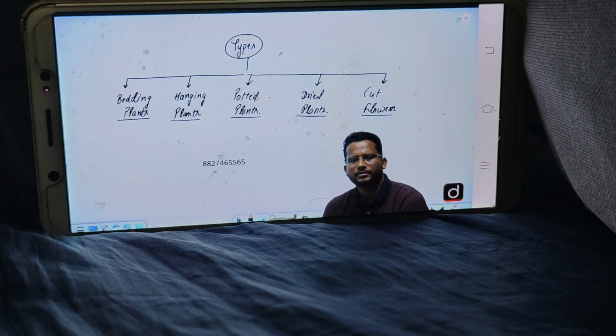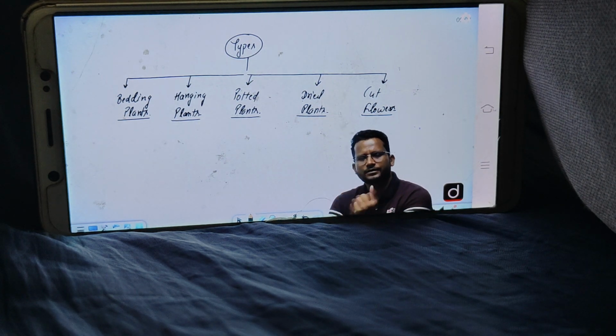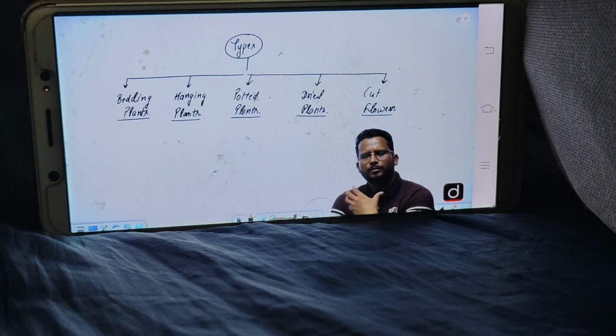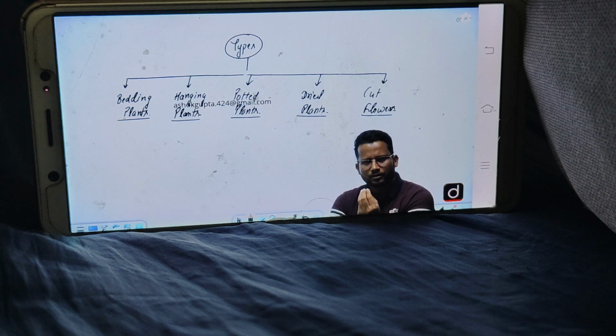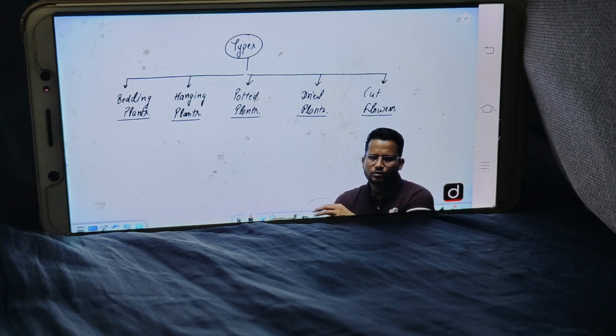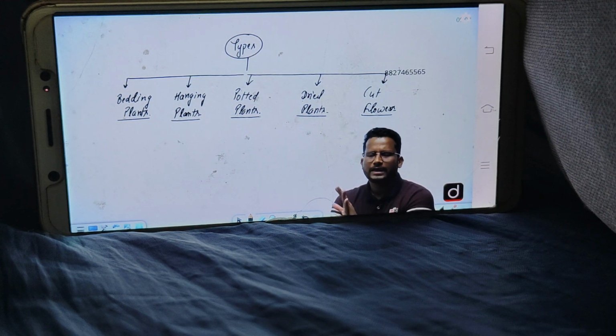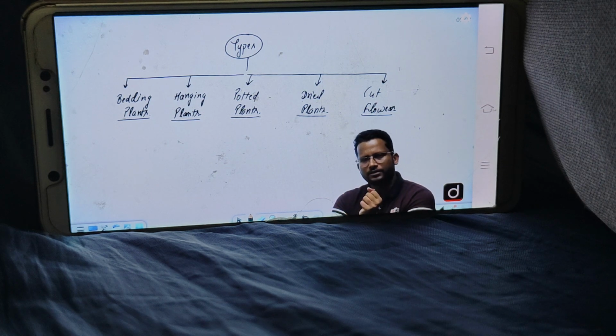If farmers are cultivating flowering plants, foliage plants or ornamental plants, they are not doing it for subsistence. They are going to practice this activity for commercial purpose. So small and medium farmers who own a small piece of land, if they cultivate these crops, these crops are going to provide more benefits. It is going to be more remunerative for them. Simple. So it is helping in diversification of agriculture.